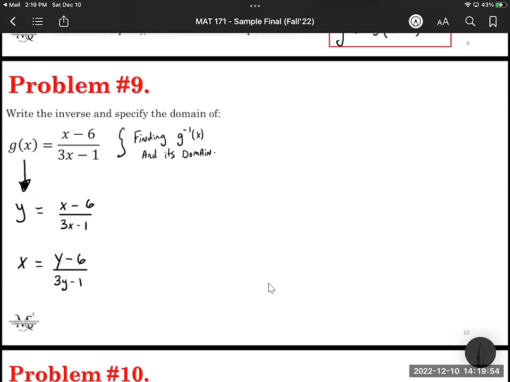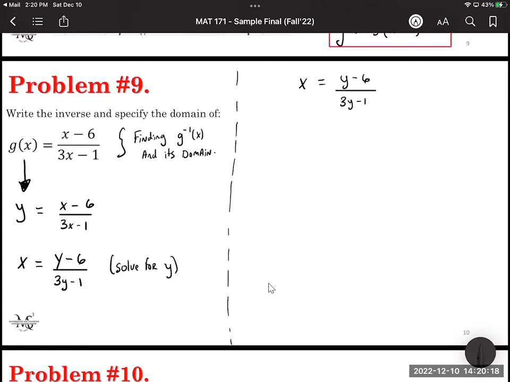Now that you have x equals y minus 6 over 3y minus 1, you solve for y. I'll do it on the other side, so I'm going to cut this slide in half and rewrite what I had originally: x equals y minus 6 over 3y minus 1.